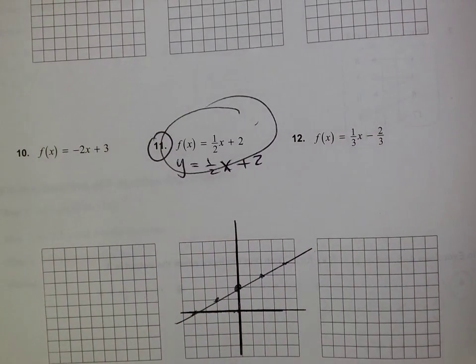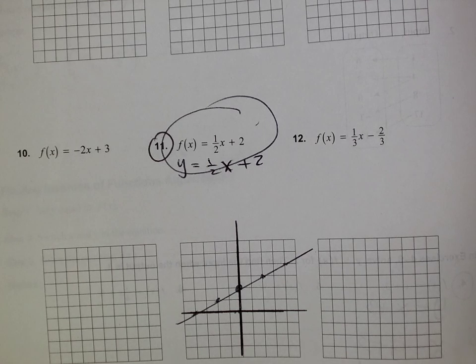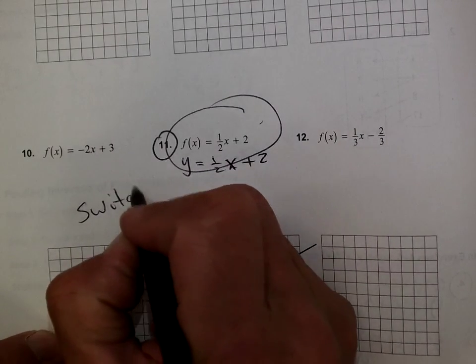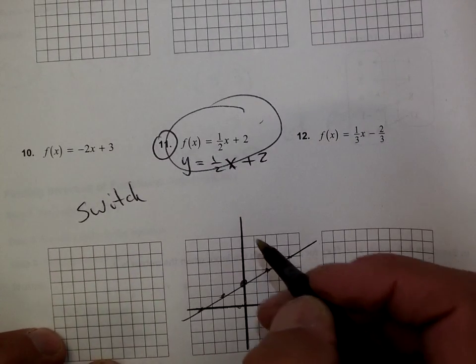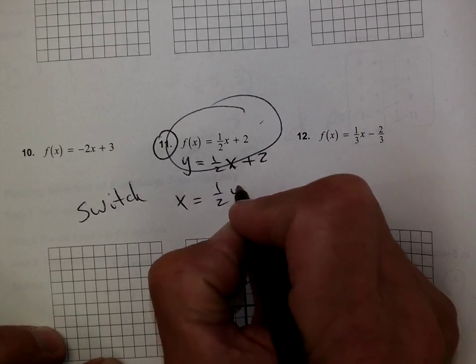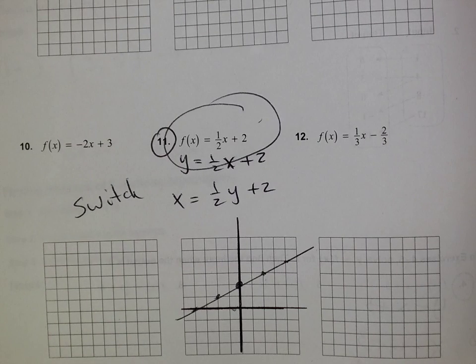There's my original, but instead of f of x, it's y. And then, if I want the inverse, I'm going to switch the variables. So I'm going to go x equals 1/2 y plus 2. So that is technically its inverse, but we need to solve for y, so we can graph.